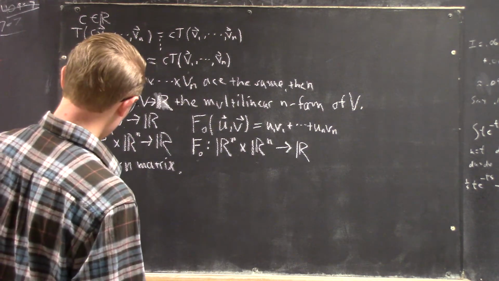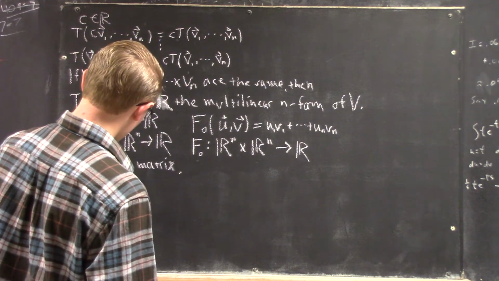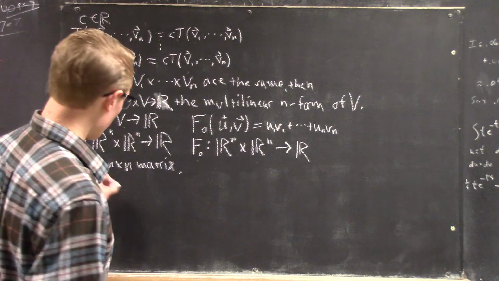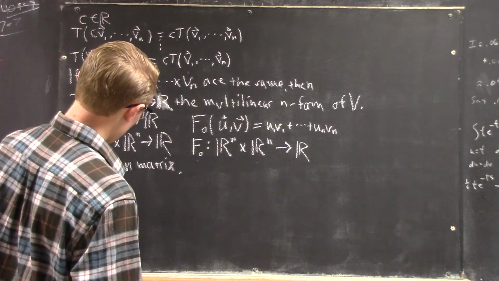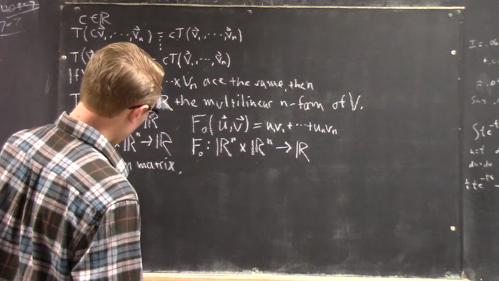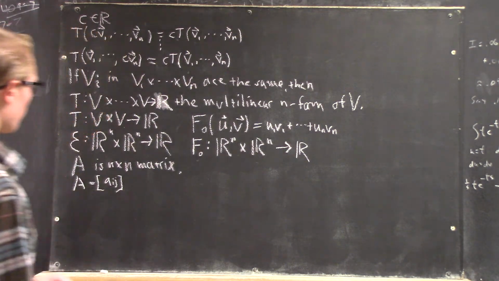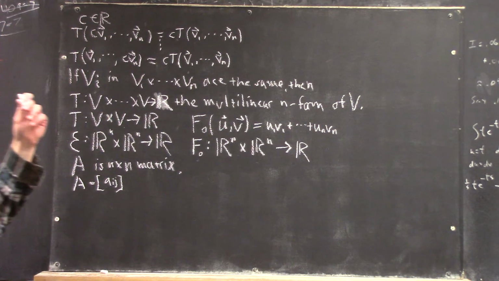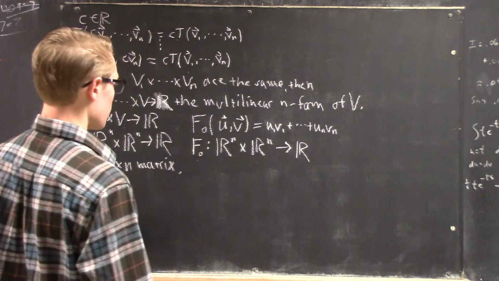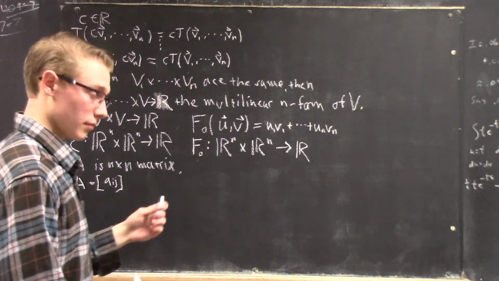For the sake of compressed notation, you can say that A equals A_ij.